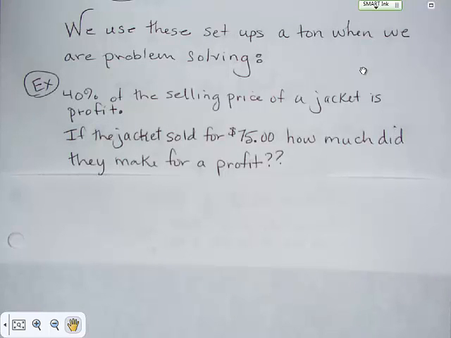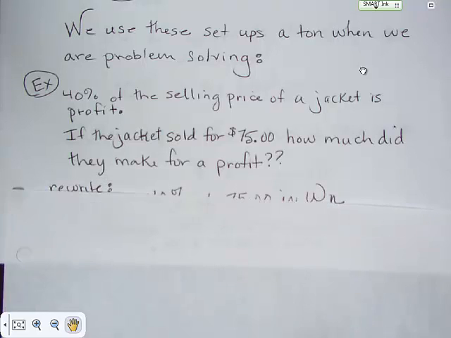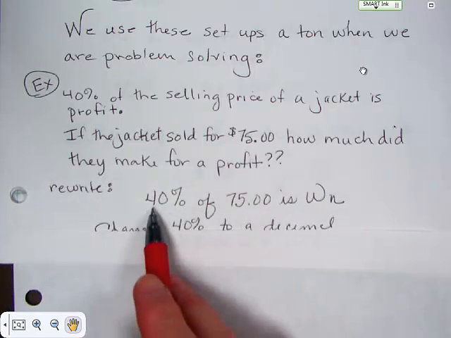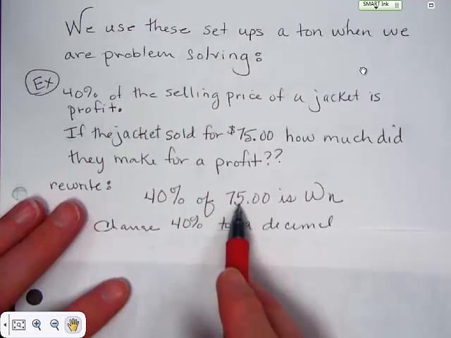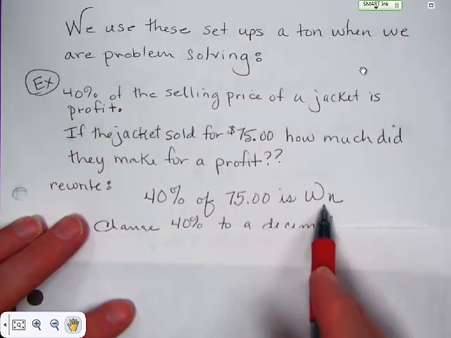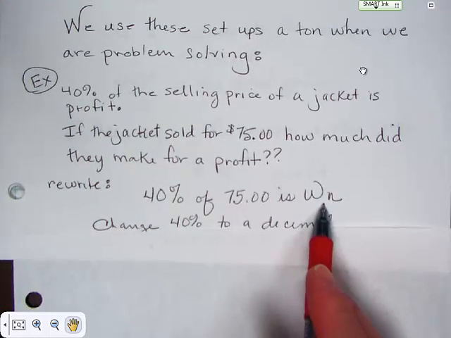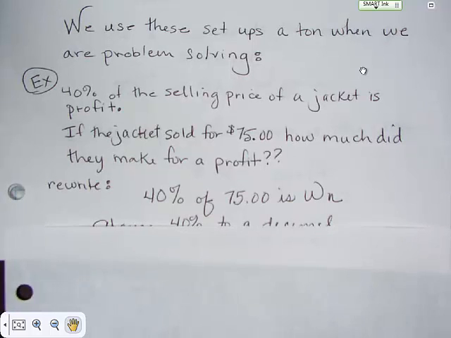Now I know you're not going to want to write this down in your notes, but I want you to, because there are lots of story problems or word problems out there, and each one of them is set up a little different way, and these will help you figure out which kind of problem this is. So we write it as 40% of that $75 price is what number? Because we want to know what the profit is.